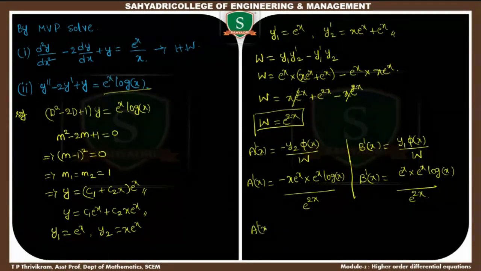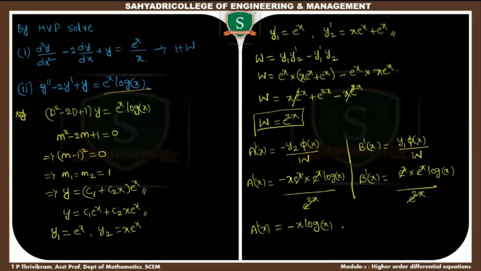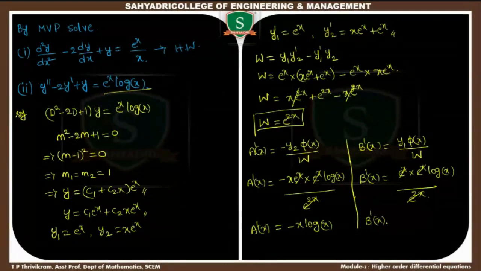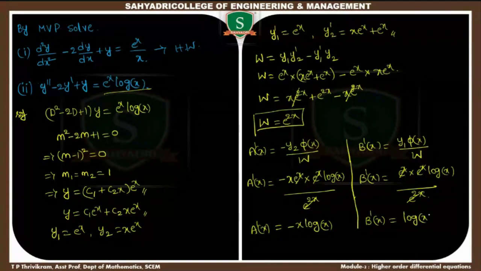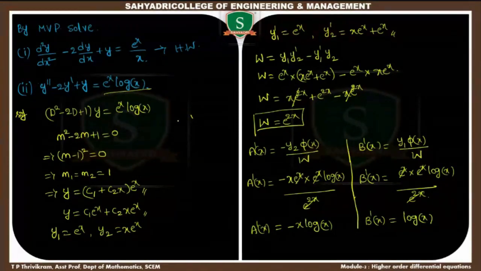So a dash of x is equal to minus x log x, and b dash of x is equal to log x. Now we need to apply integration for this.